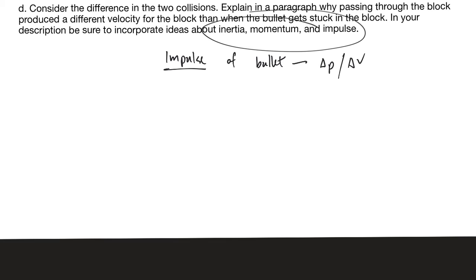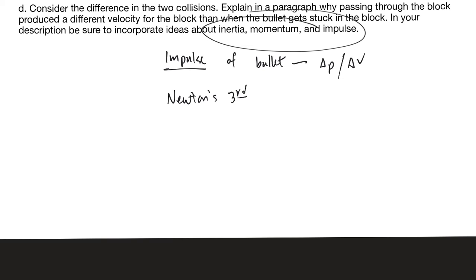The second part, I think probably Newton's third law. A greater change in momentum of the bullet means a greater change in momentum of the block. You have to connect the change from the bullet to the change in the block. And then you probably should state again, a larger impulse on the block means a greater increase in its velocity.